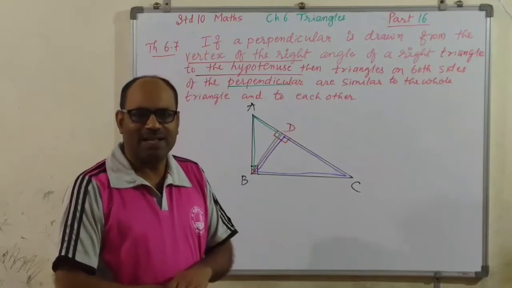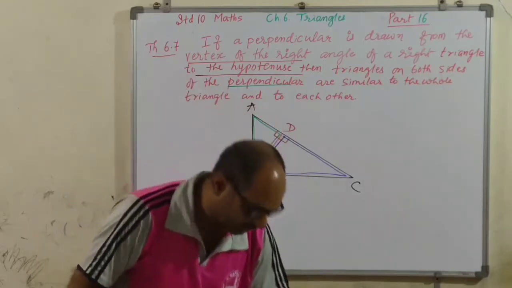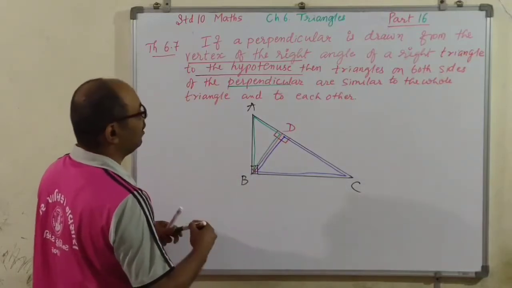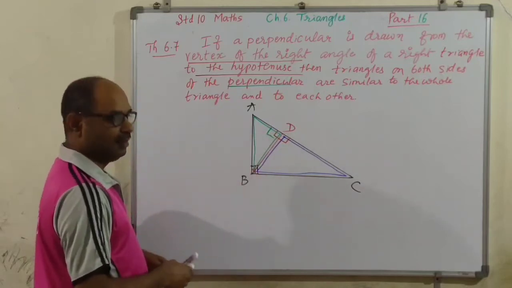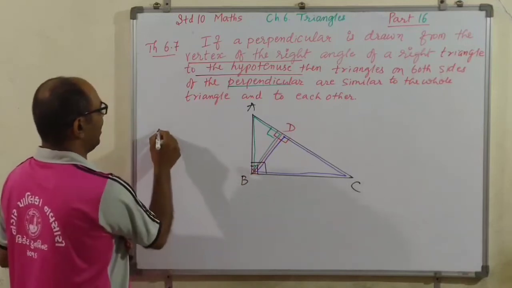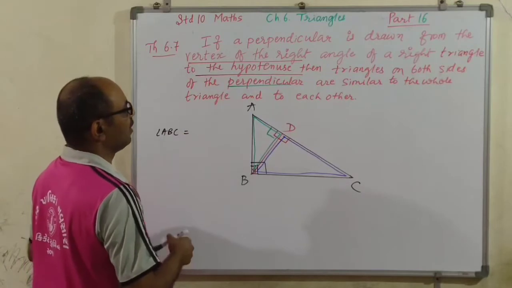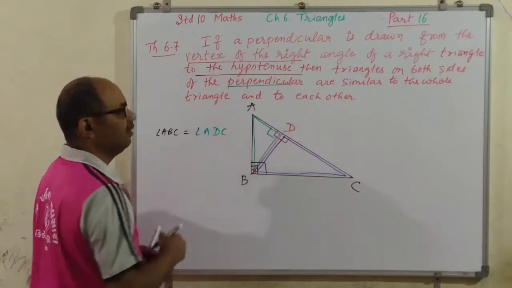I'll show you the proof once again. It's very easy. Alright. I'm talking about the green triangle and the black triangle. In the green triangle, this angle is congruent to this angle of the black triangle. So black triangle angle ABC, which is a right angle, is equal to angle ADC, the green angle.